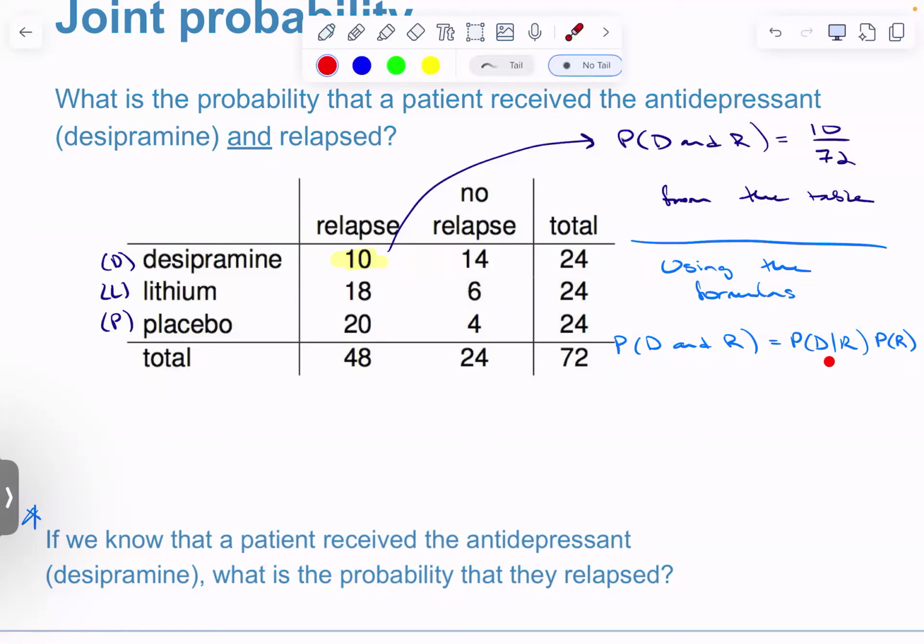We don't know the probability of D given R, so this is the probability of being on the desipramine given that they relapse. So knowing that they're in this relapse group, right, that changes the total that we're looking at, right? And the probability of being in the first group, knowing that they relapsed, is going to be 10/48.